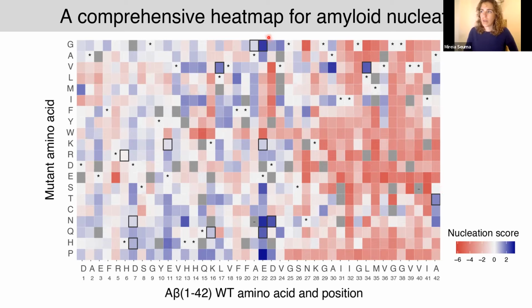We see that most mutations associated with disease, the ones you see in this heat map in a black square, are enriched at the N terminus. There are only two mutations at the C terminus that have been associated with disease. We really think that the N terminus has a role in messing up the conformation of these fibrils, and maybe it speeds up nucleation and the formation of these fibrils.